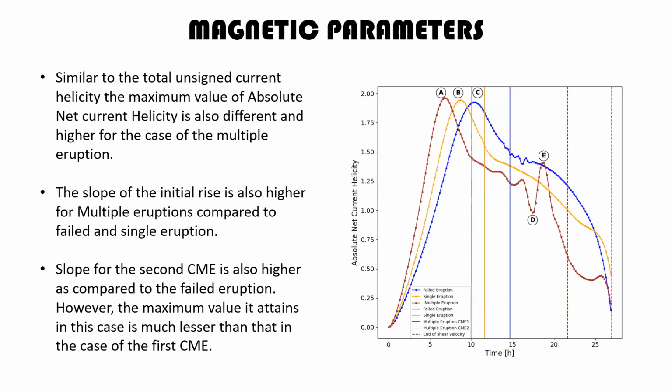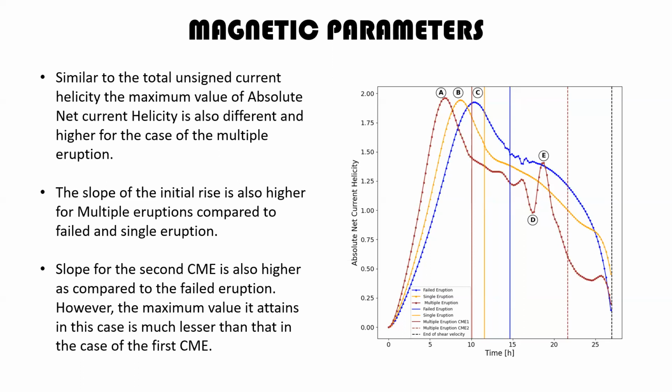One thing I would like to say is that these simulations are ideal simulations, so the role of resistivity is only due to the numerical resistivity. If we increase the resolution of our simulation, the velocity at which we get the eruption might change, and we have seen that it changes, but overall the profile of the different scenarios remains the same.